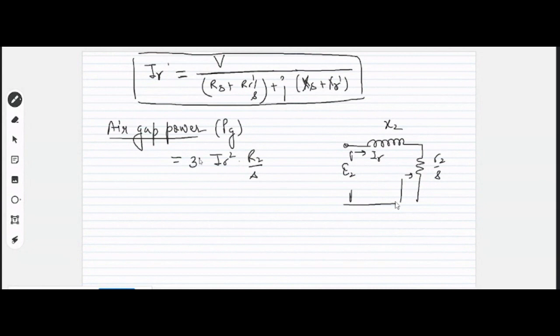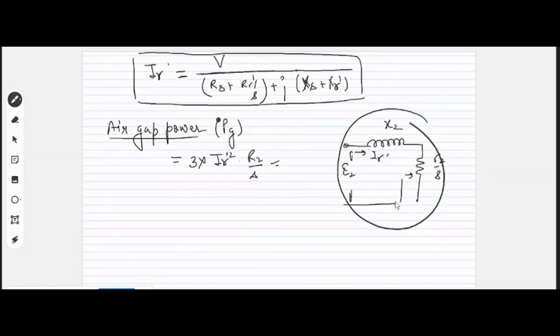Because you are considering a 3-phase machine, you can write it as 3 times IR dash square into Rr by S, once this IR dash is referred to that side. They all are being referred to that side. So this will be the air gap power, which is the total power being received by the rotor circuit.